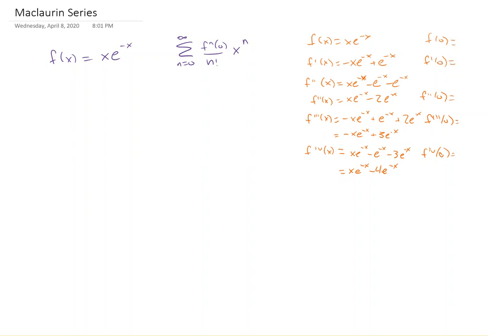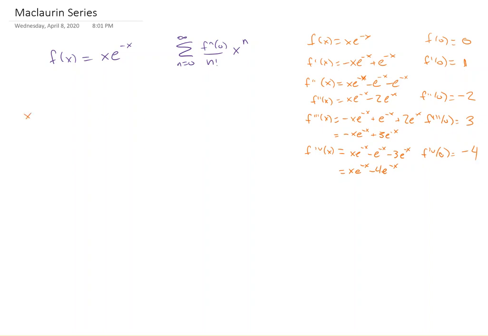They take time. So this one looks like it's 0, right? If you plug in 0, you just get 0. And the next one, if you plug in 0, you just get 0 plus e to the 0, which looks like it's going to be 1. Then you get 0 minus 2 times 1. Then you get plus 0 plus 3 times 1. Minus 4. Okay. That's not too bad.